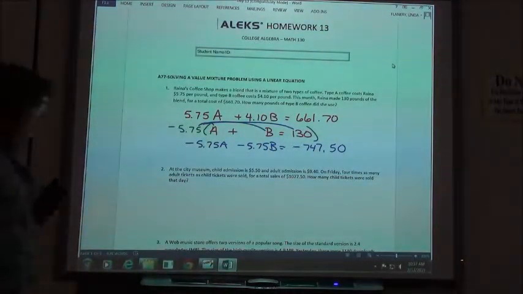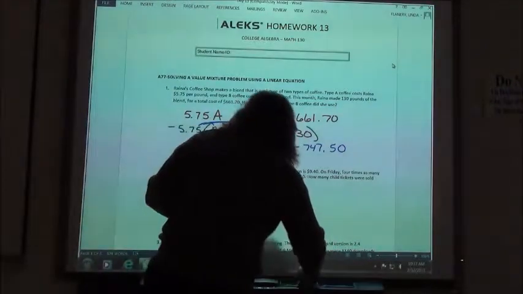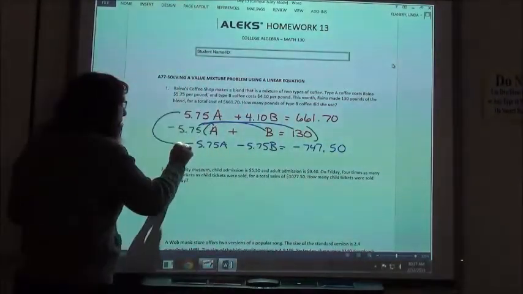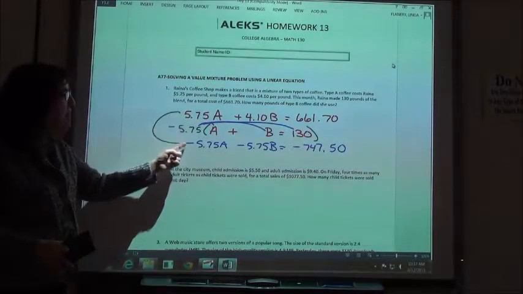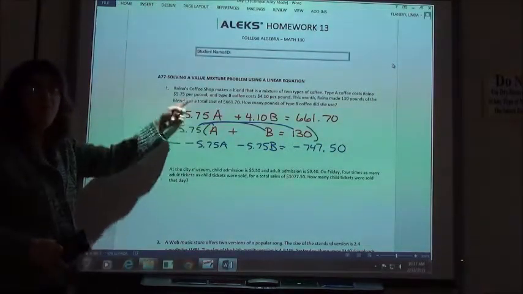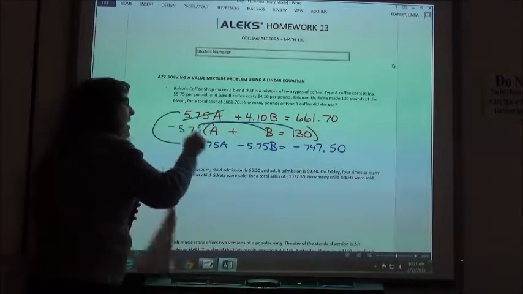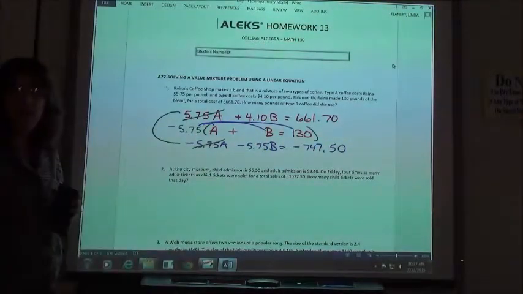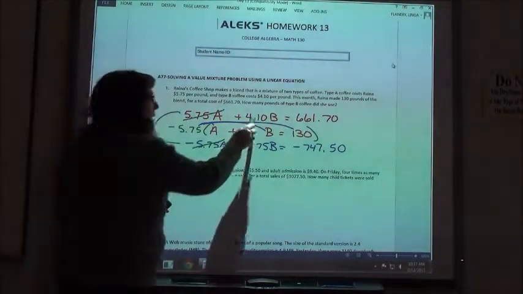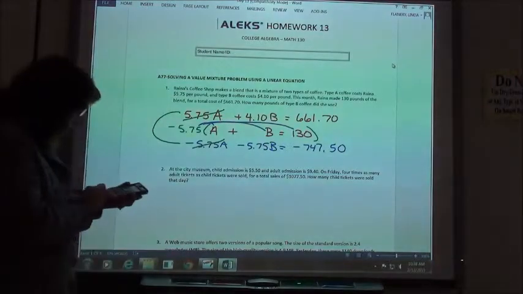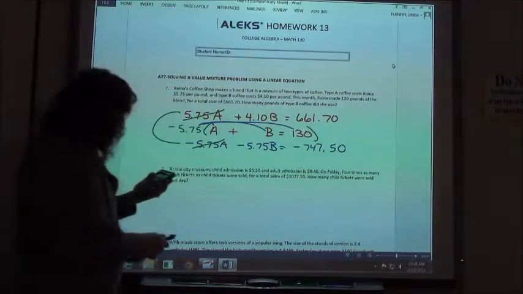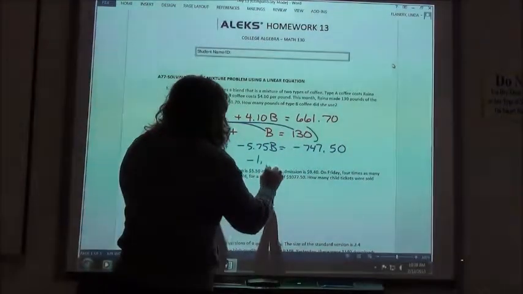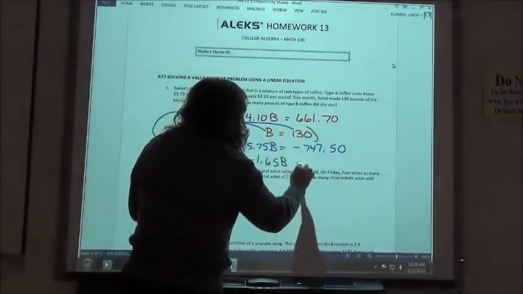So what happens now is I'm going to add the top equation and the bottom equation together. 5.75 minus 5.75, those are opposites. It cancels the A's out of my equation. Here, $4.10 minus 5.75 gives me negative 1.65B.